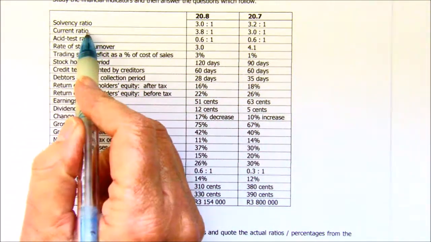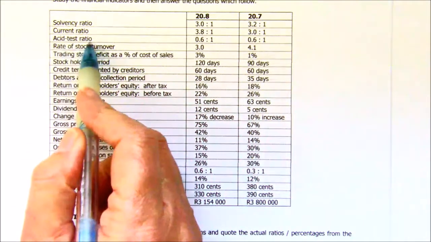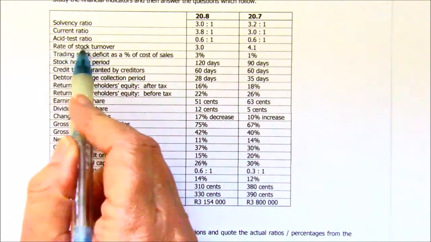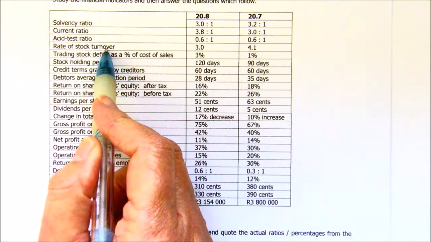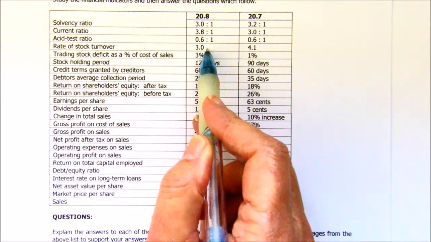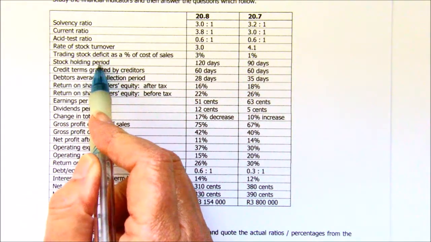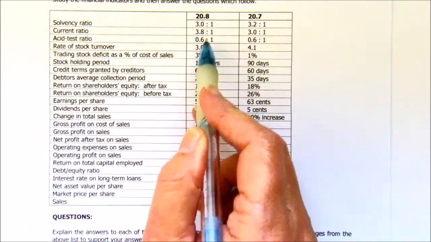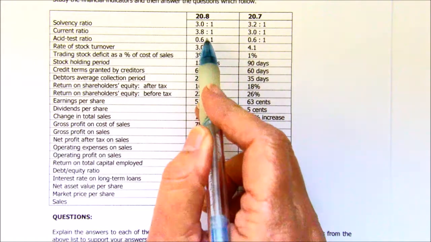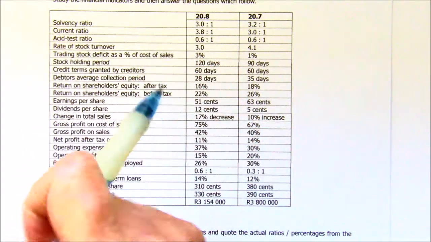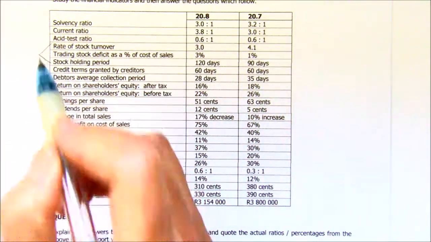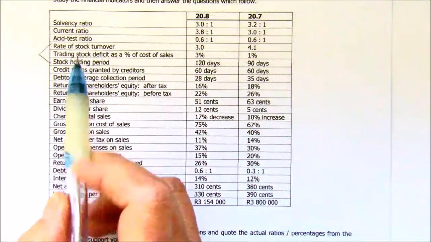First of all, there's our current ratio, our asset test ratio, the rate of stock turnover, how many times a year the stock is turning over, and the stock holding period, which is looking at that in how many days. The rate of stock turnover and the stock holding period are actually related to each other.